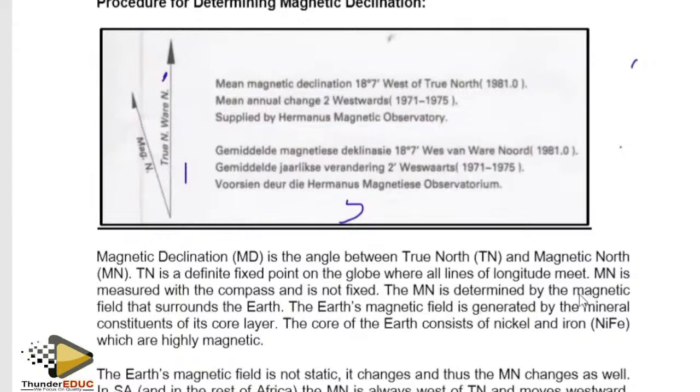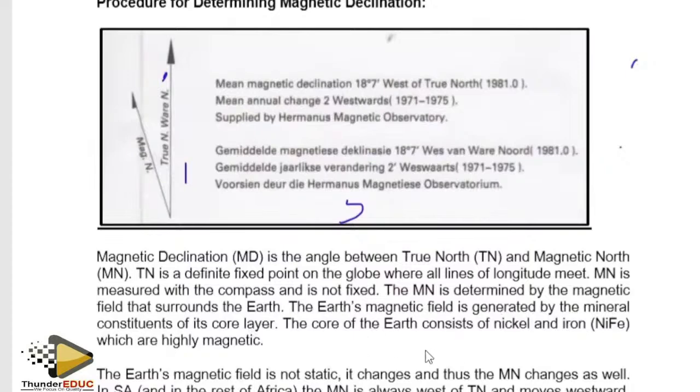If the magnetic field changes, it automatically changes the magnetic north, and it automatically changes the magnetic south. So the Earth's magnetic field is generated by the mineral constituents of its core layer.